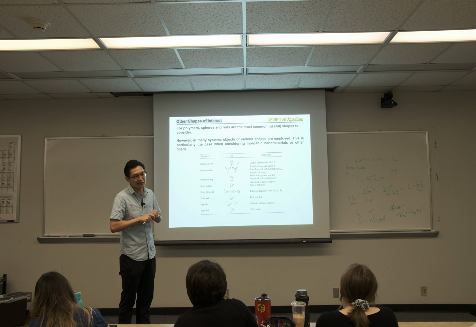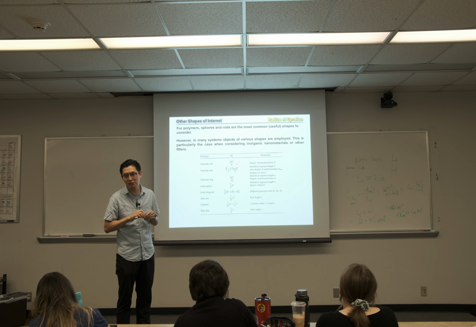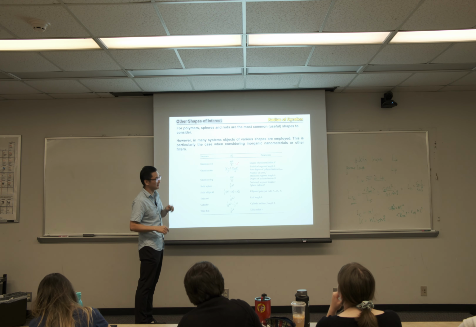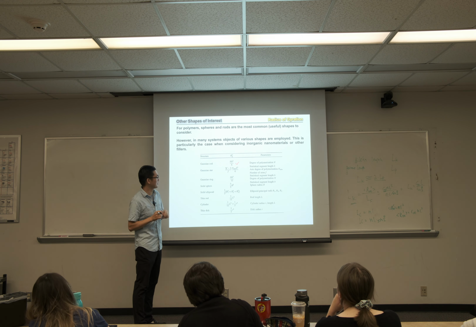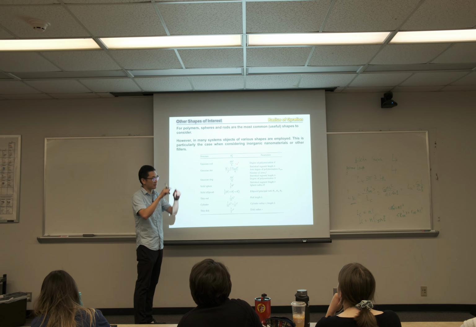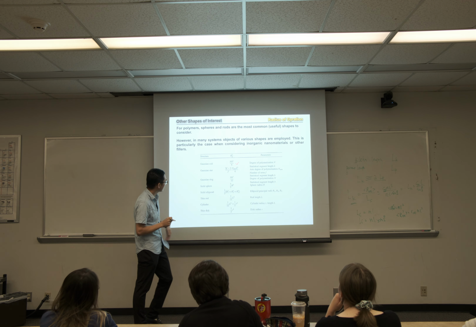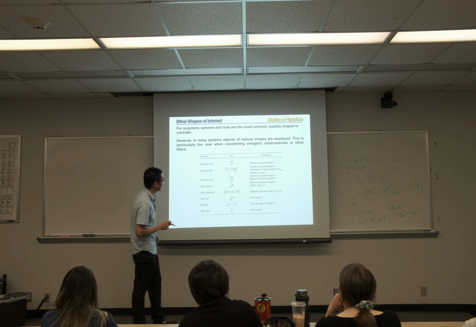And it not only can describe a flexible chain, but also more complex systems like Gaussian star and Gaussian ring. Gaussian ring is just a polymer that is closed.